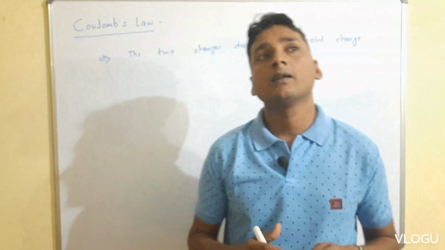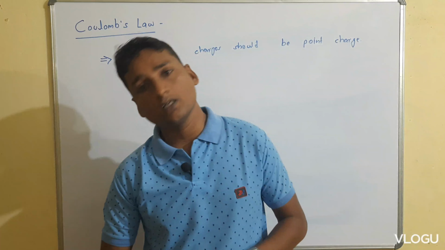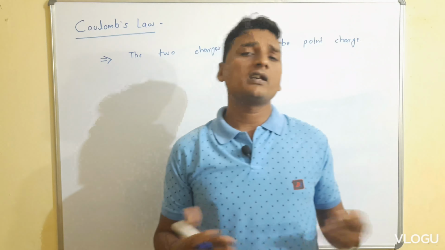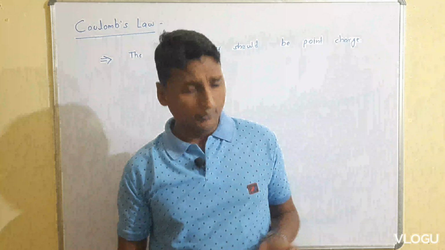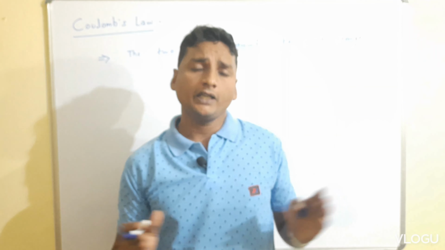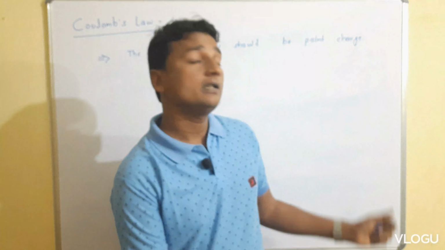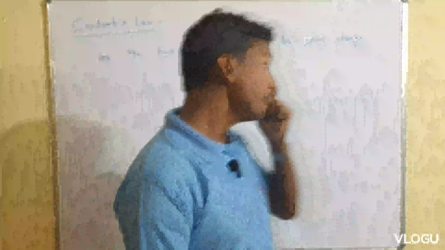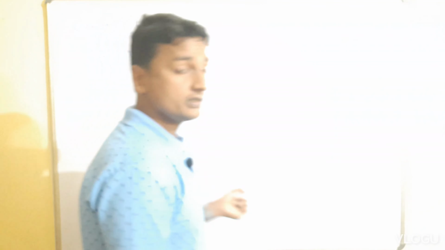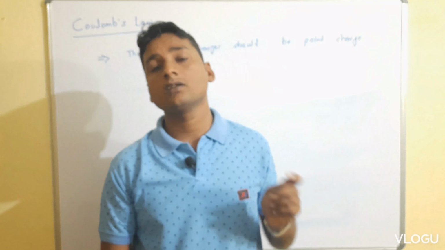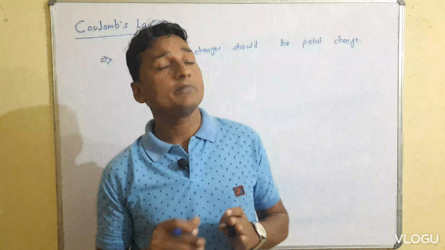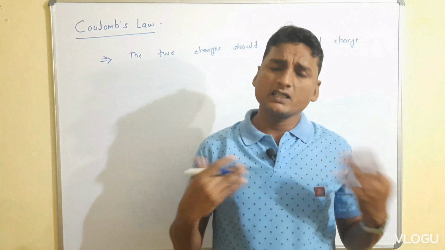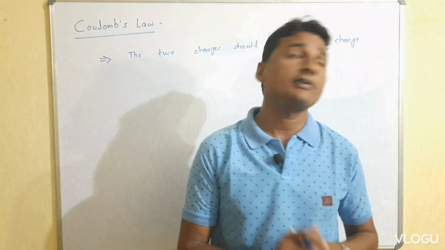But if that does not happen, and the sizes of the two charges are not negligible but have some constant value, or are not comparatively negligible to the average separation, then the charges are not said to be point charges. So I think it is clear now that two charges are said to be point charges if their sizes are negligible in comparison to the average distance between them.